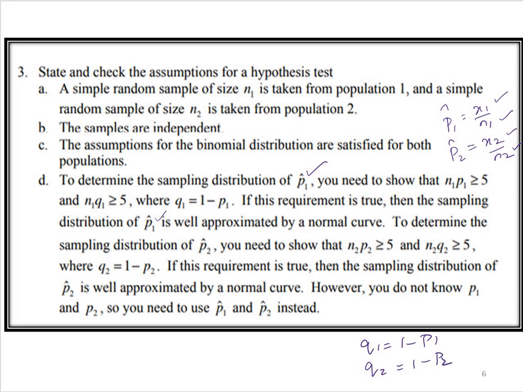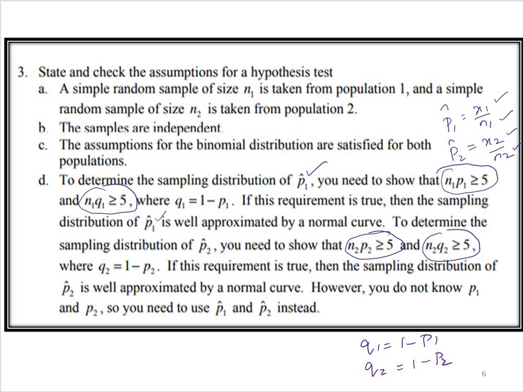Okay. So to determine the sampling distribution, we need to show that N1 P1 should be greater than or equal to 5 and N1 Q1 is also greater than or equal to 5, and similarly the same thing for the second one. Then only can we do the hypothesis test for the sampling distributions.